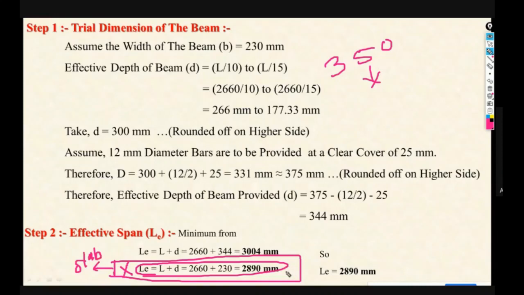This formula is given in the IS code, but bearing is considered only for slabs, because for a beam generally bearing is not there. So you can go with the effective depth, 2660 plus 344, so 3004. We should consider the length L equal to 3004.